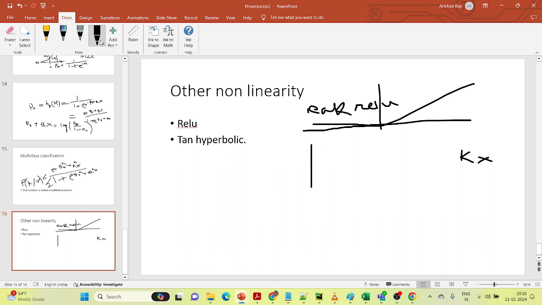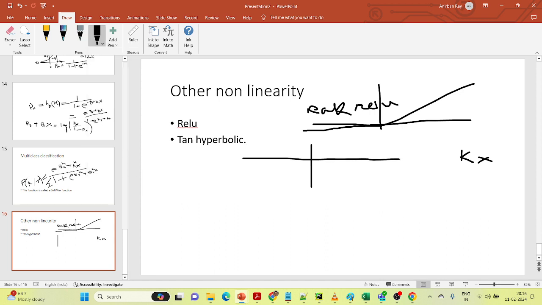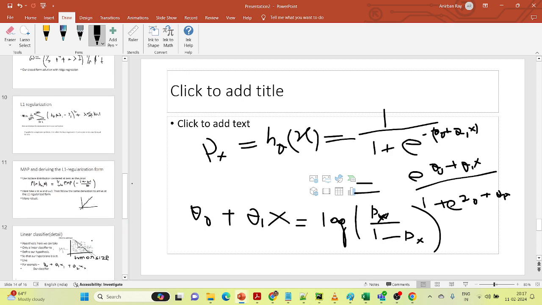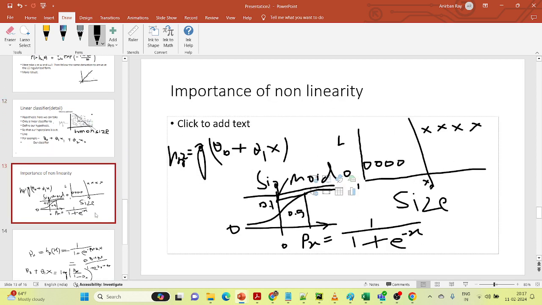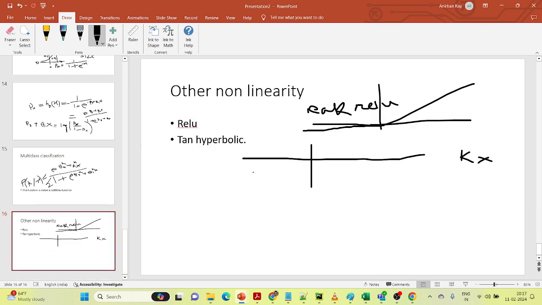So tan hyperbolic is very similar to sigmoid in shape. This is sigmoid, and tan hyperbolic is like this.